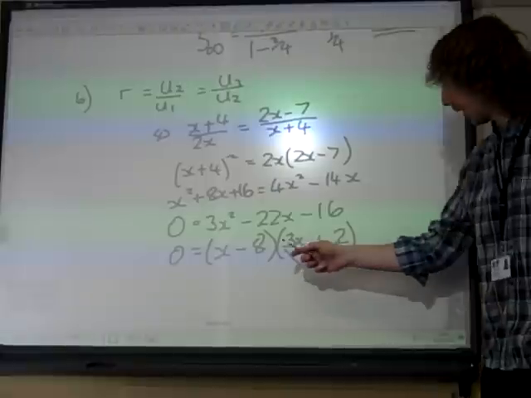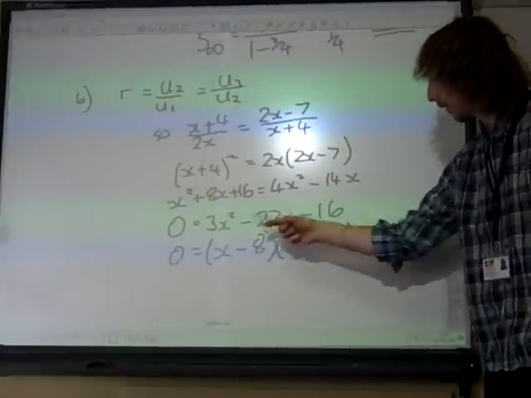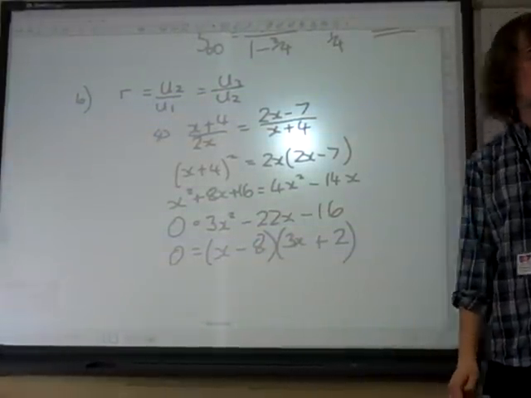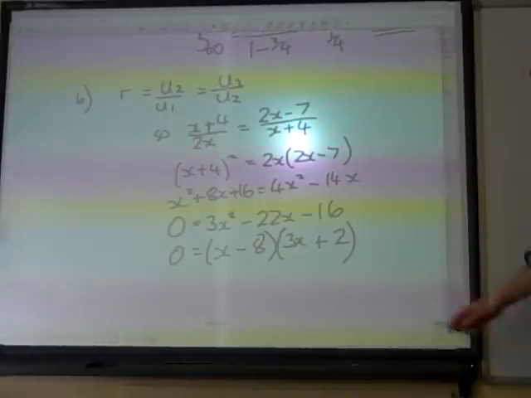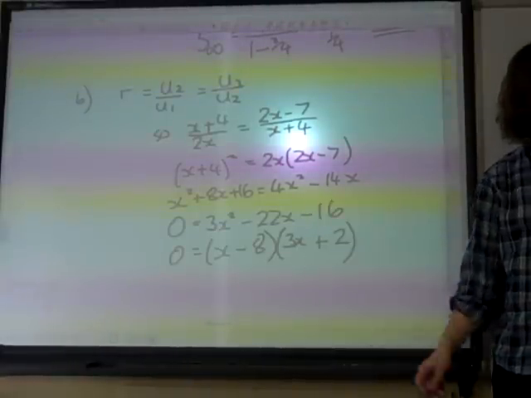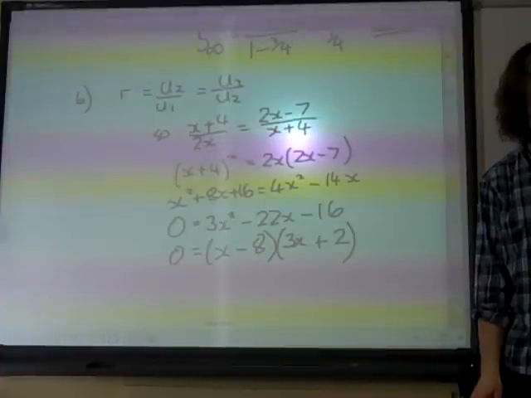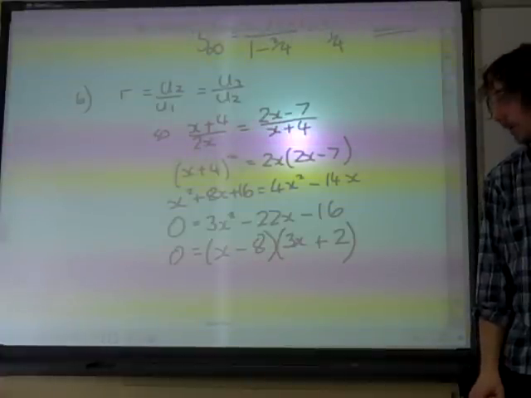Just a quick check, does that work? Well, that would give us minus 24x plus 2x is minus 22x. You could have done the factor theorem, or it's just a quadratic equation, so you could have stuck it in the quadratic formula, I guess. Come up with the value if you couldn't think of another way to do it.